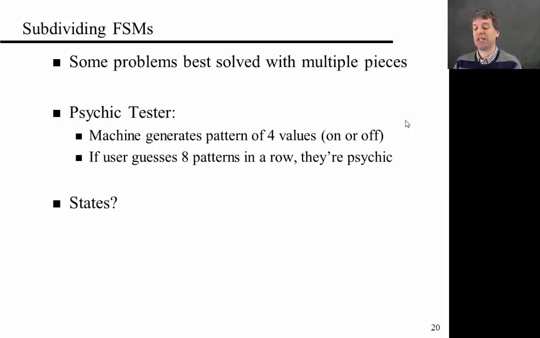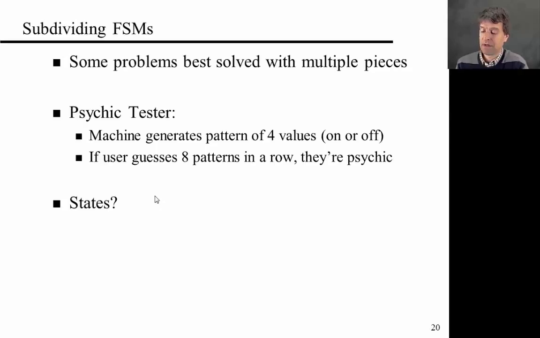There's a machine that generates patterns of 4 values, on or off, so it's 4-bit numbers, and a user who guesses patterns. If you guess 8 of these patterns in a row correctly, then you're a psychic. And the machine that you're trying to build is a tester for whether you're a psychic or not. In some ways, the straightforward way of doing this would be to think of something like this.